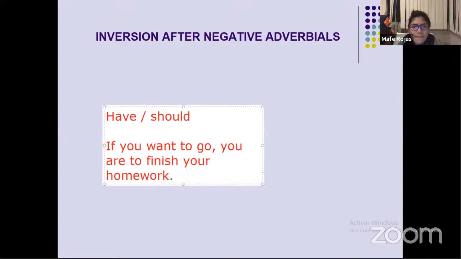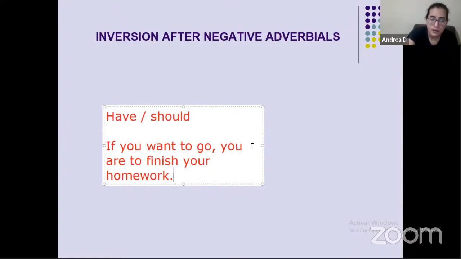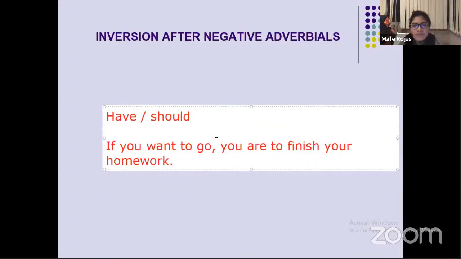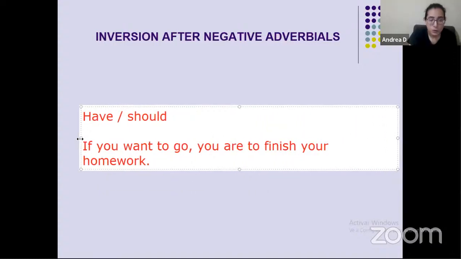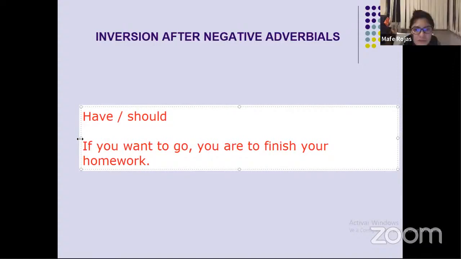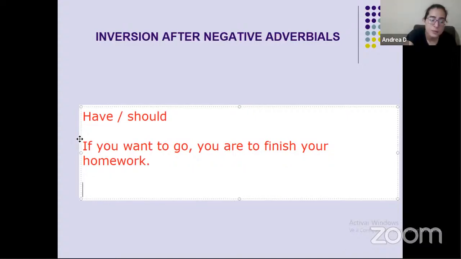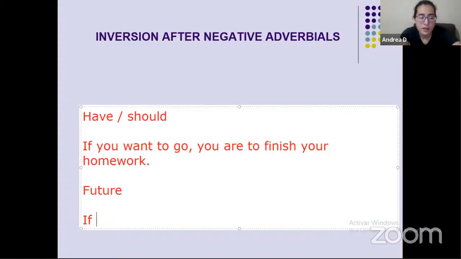So you are to finish your homework instead of have to, or you should finish your homework. So verb be plus to plus verb, that's another thing. And it could sometimes mean the future as well.